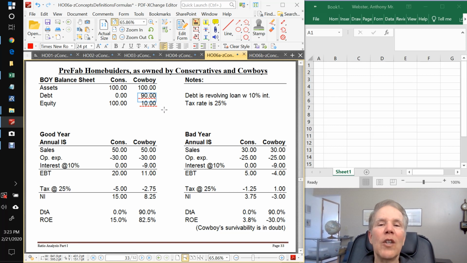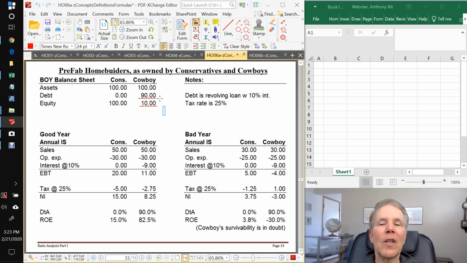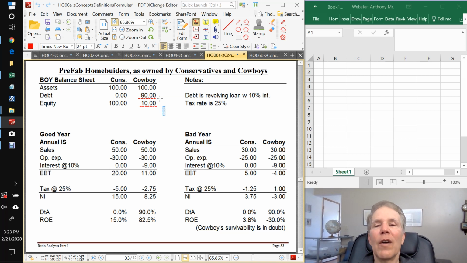I want you to make the loan to the company, not us cowboys, but to the company alone at the moment of the sale, and that 90 million in proceeds is going to be used with our 10 million to make the 100 million that we need to buy the company.